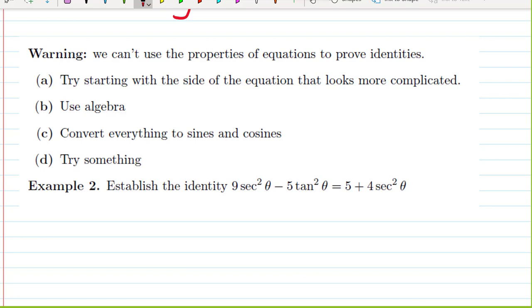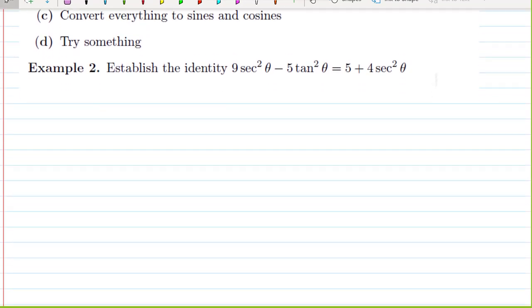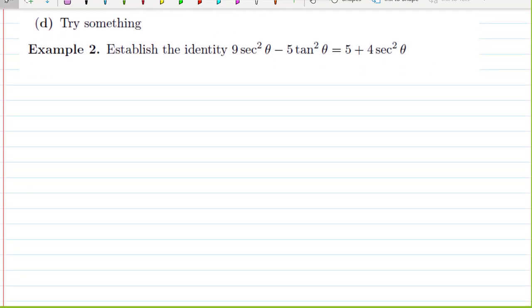But if they use valid algebra and valid trigonometric identities and get to the same ending place, then both of you can be correct. So there's not one way to do any of these problems. All right. So the best way to learn how to do trigonometric identities is just to do trigonometric identities.